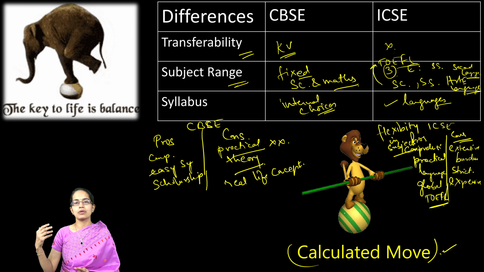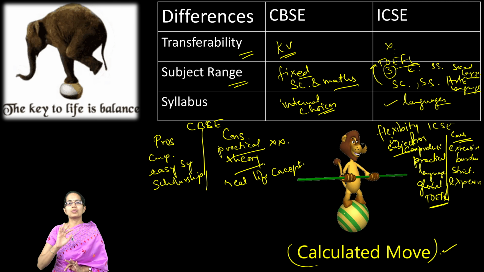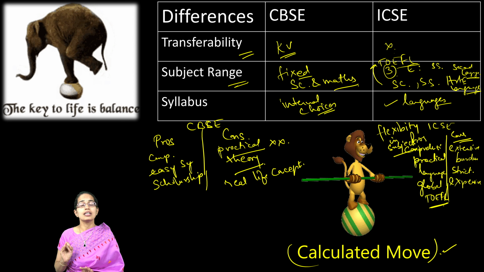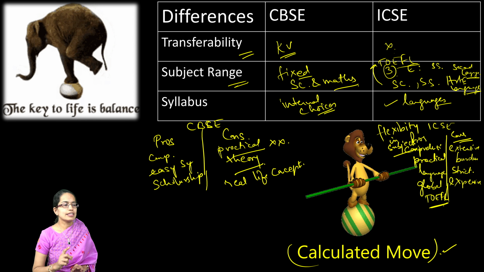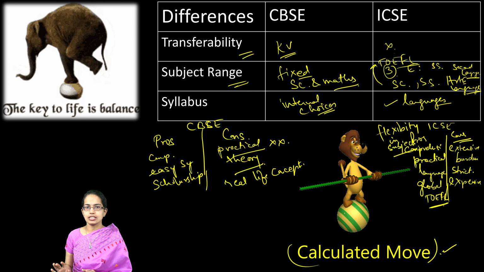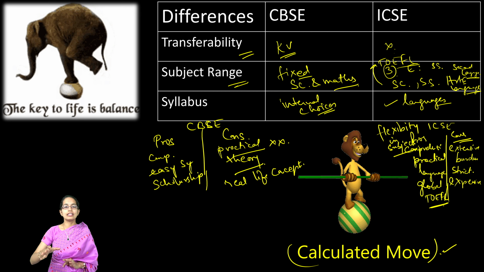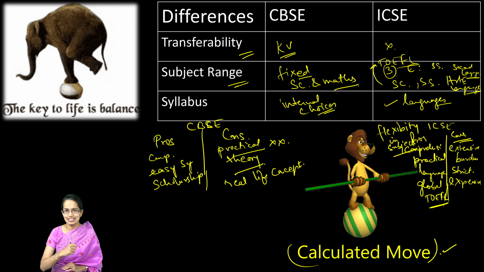So whether you are going for CBSE or ICSE, it does not matter because you would be studying more or less the same content. The second is that the quality is indeed good for both the boards, and there is not one-sided teaching; there is interactive teaching which is part of both the curriculums. So that is on an equal footing, be it a CBSE school or an ICSE school.